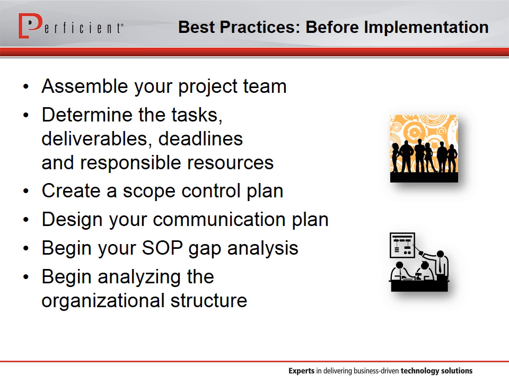You'll want to design your communication plan. Consider all of your audiences for that project, the topics and level of detail they're going to care about, the best method of reaching them during that implementation, and the frequency with which they should be updated.